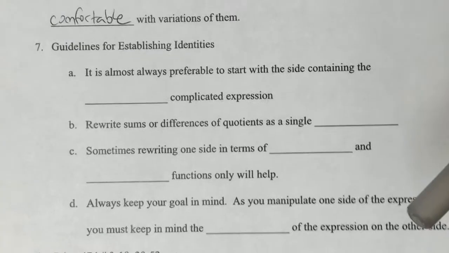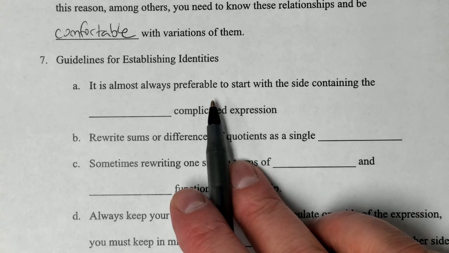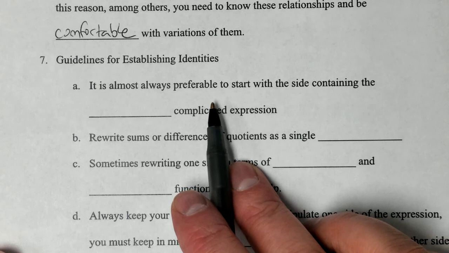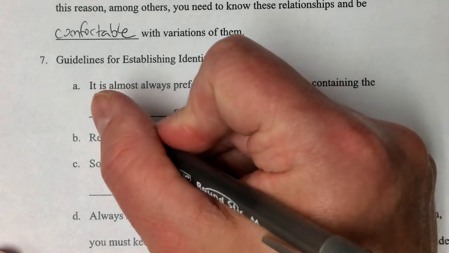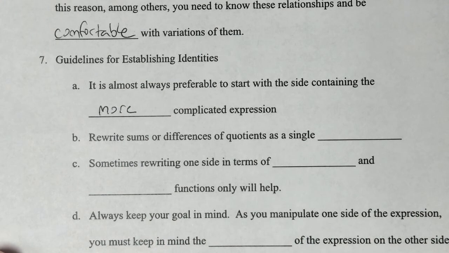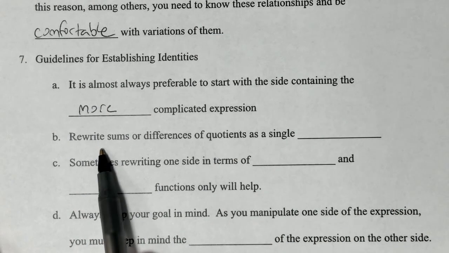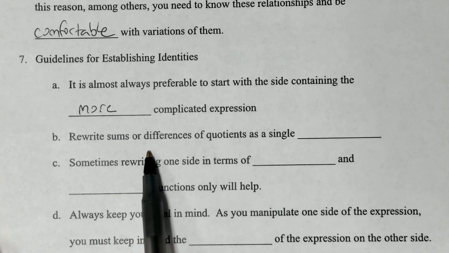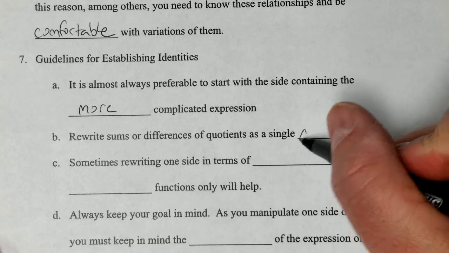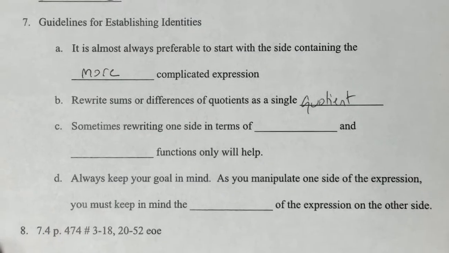Okay, so here are your guidelines. It's almost always preferable to start with the more complicated side, the more complicated expression. You're going to want to rewrite sums or differences of quotients as a single quotient. What that means is get a common denominator.